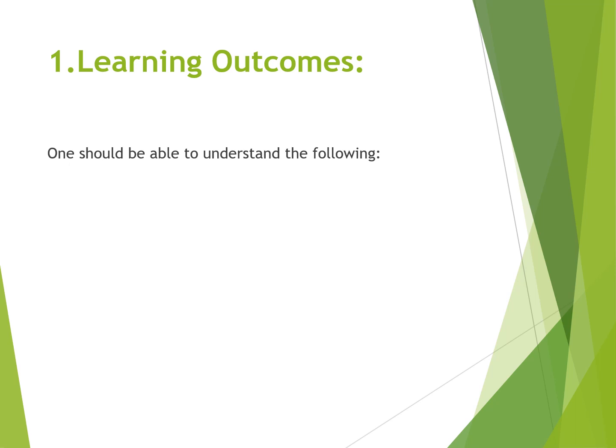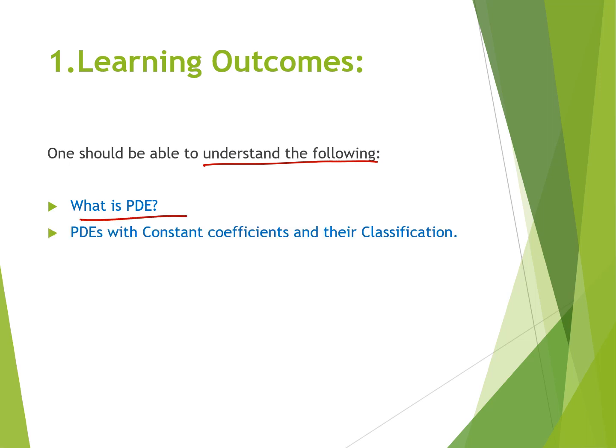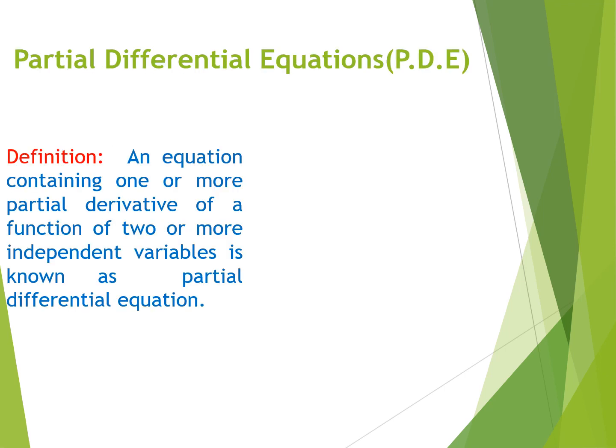The learning outcome of this lesson is that one should be able to understand the following: what is a partial differential equation, and partial differential equation with constant coefficients and their classification. Partial differential equation.